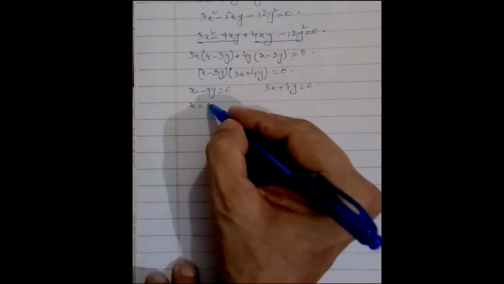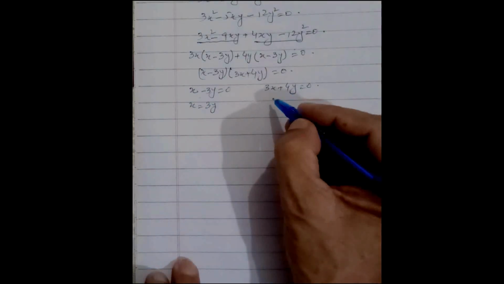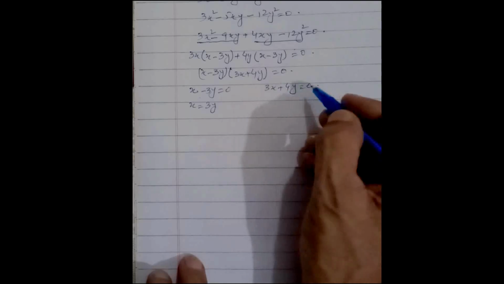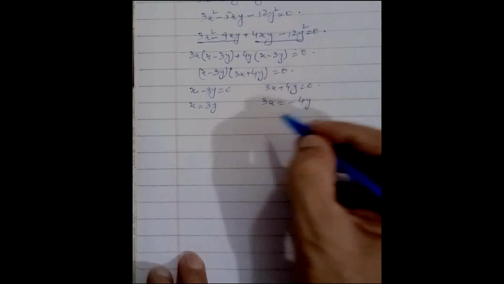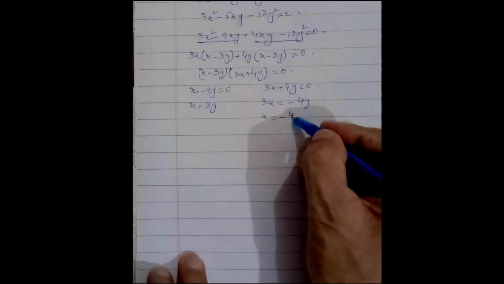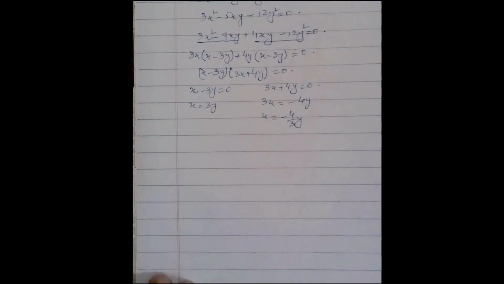Here, x is equal to 3y. From the other factor of the equation, 3x is equal to minus 4y and x is equal to minus 4 over 3y. These are the two values of x. The first is 3y and the second is minus 4 over 3y.